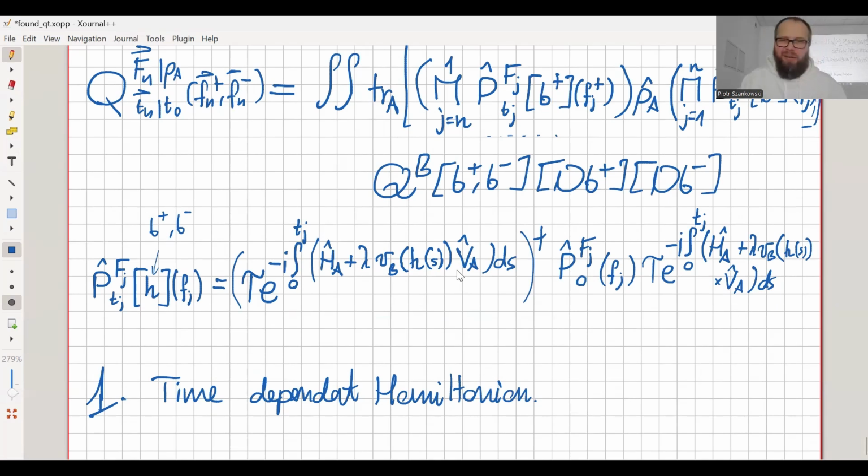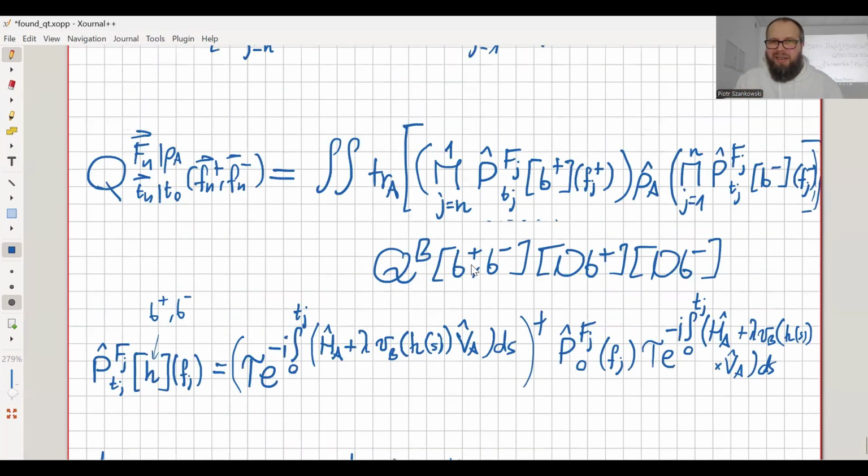So this is how time-dependent generators come into play, through interactions with other systems. Of course, there is a little bit of weirdness, if you will, in where the time dependence comes from.